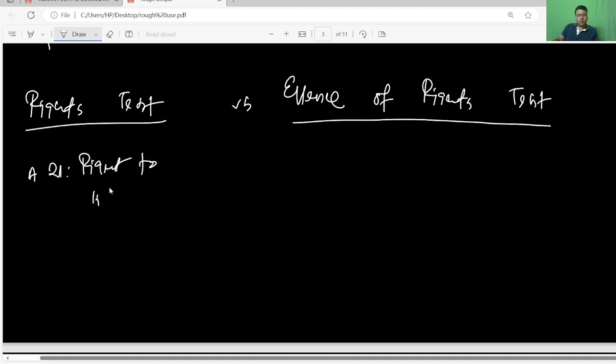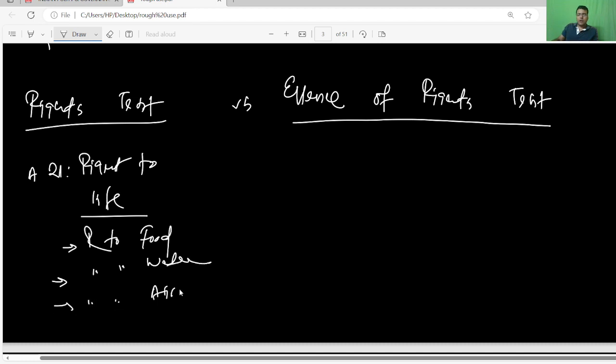Try to understand this part. What is the rights test? Article 21 is your right to life. So in this right to life, there is your right to food, right to water, right to clean air, basic right to medical treatment.